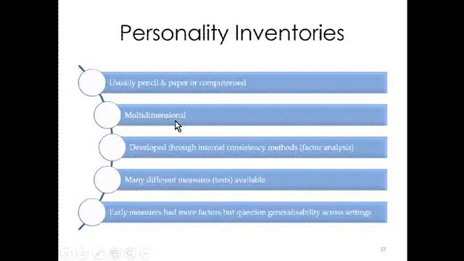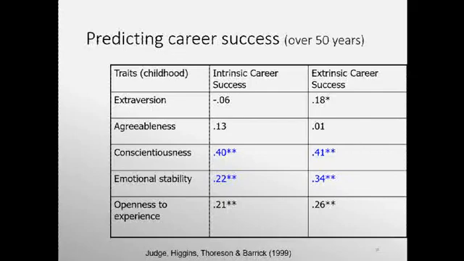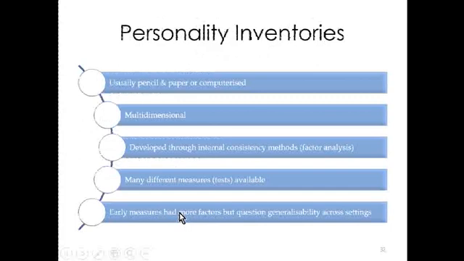Next, these inventories are multi-dimensional, class. So rarely will you see a personality inventory only assessing conscientiousness. They will assess a whole host of traits that are of interest for the job. And these tests are developed using factor analysis.